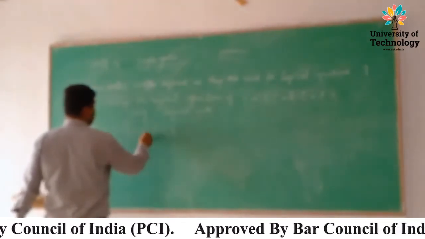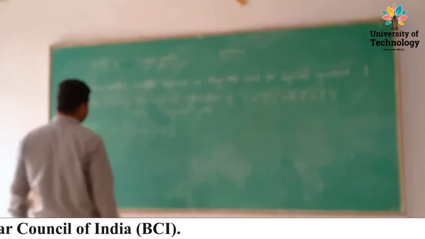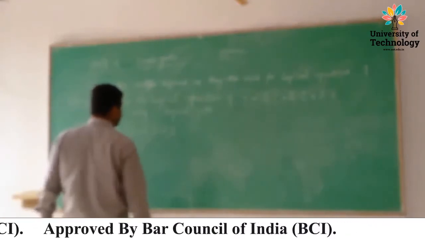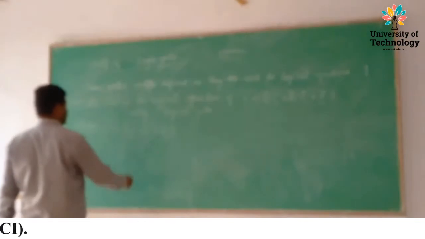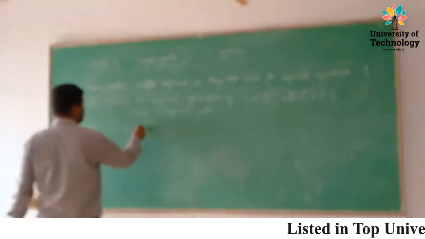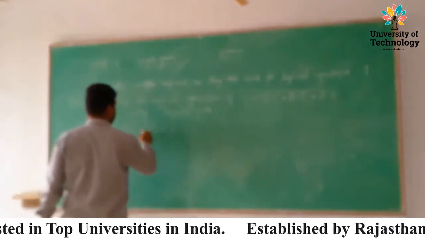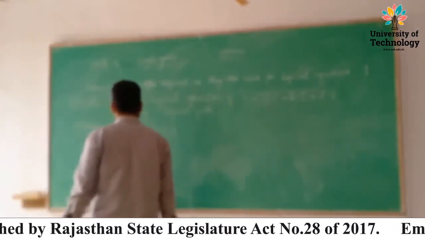Here three parts are available. First is B bar into C bar, second A bar into C bar, third is A bar into B bar. Means two additions and three multiplications.